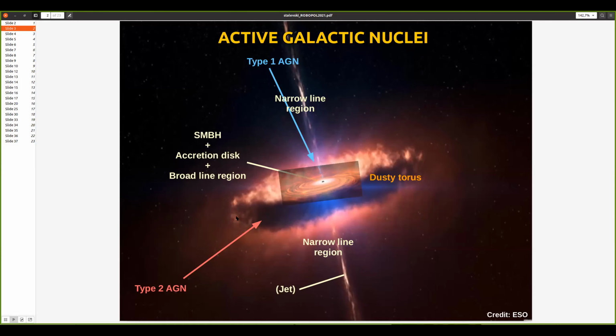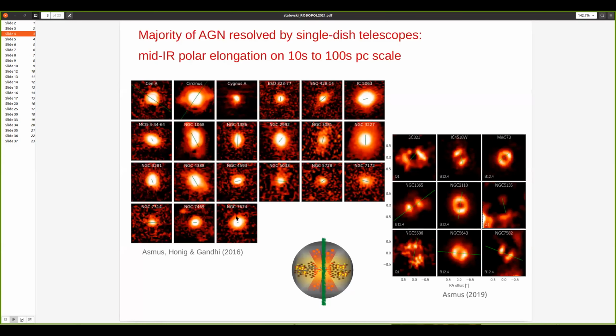However, this has been challenged recently by several observations, namely in the single dish in the mid-infrared, we started seeing elongated mid-infrared emission on the scales of tens to hundreds of parsecs, but along the polar direction, so perpendicular to the accretion disk and the torus plane, so along the jet axis or along the ionization cone.